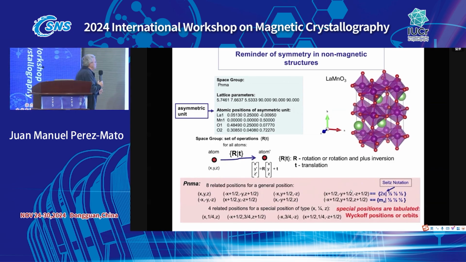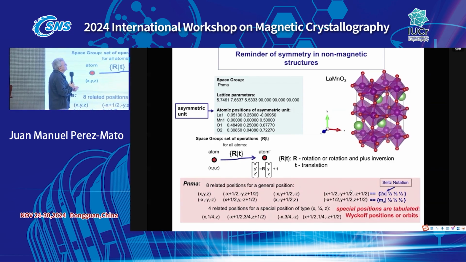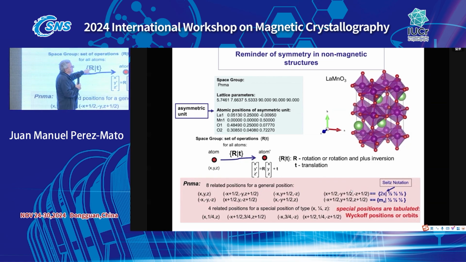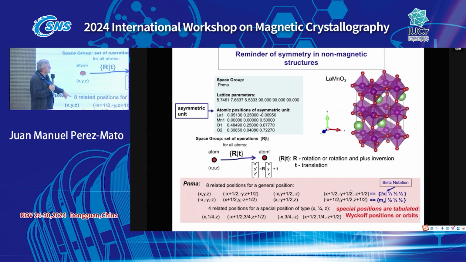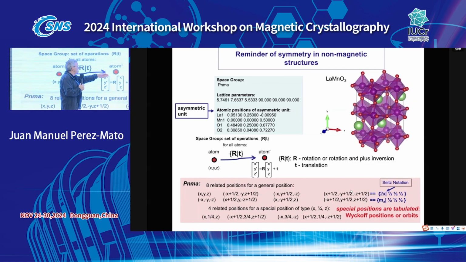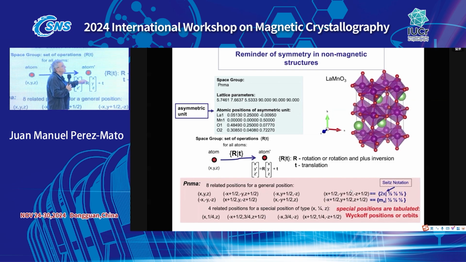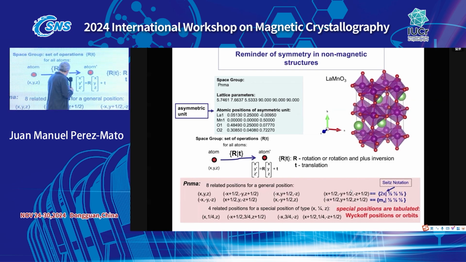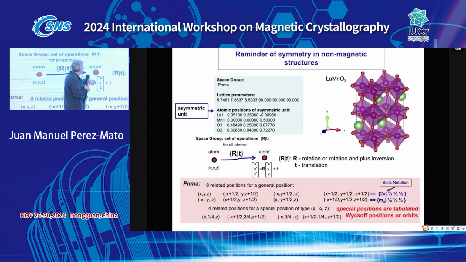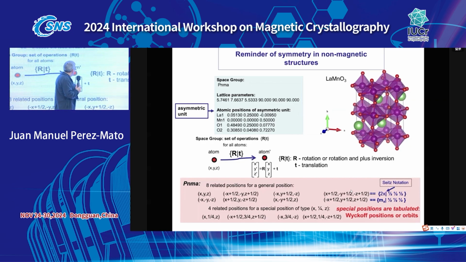This is just a cartoon showing what we mean by what I just said. Just from these 4 set of atoms, we apply what we say the space group operations, that is this set of operations here. We apply it, which means we rotate X, Y, Z according to a 3 by 3 matrix, which is indicated by these symbols, and we add a translation, which is this plus 1/2 for X. For instance, here, in the case only of Y, we add 1/2, and we obtain a new position and a new atom.